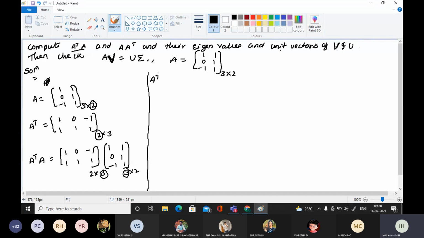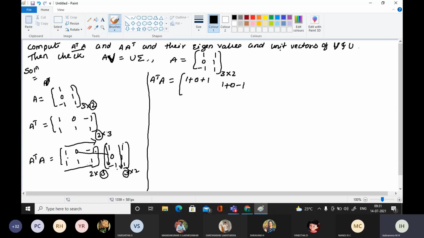Next, A transpose into A is equal to, now multiply. First row, first column: 1 into 1, 1, plus 0 into 0, 0, plus minus 1 into minus 1 is plus 1. Next, first row, second column: 1 into 1, 1, plus 0 into 1 is 0, plus minus 1 into 1 is minus 1.